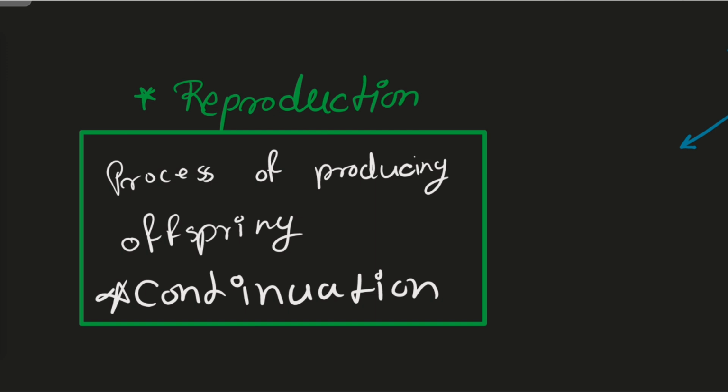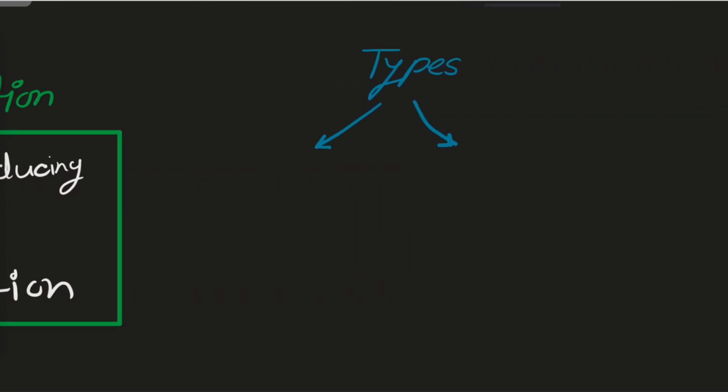There are two types in this. The first one is asexual reproduction and second is sexual reproduction.